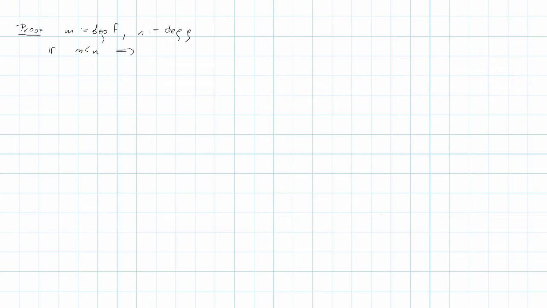We can write f as 0 times g plus f, and this is our r in this case, and the condition m less than n means that the degree of r, which is m, is less than n, which is the degree of g.